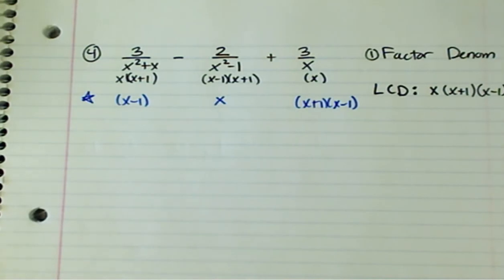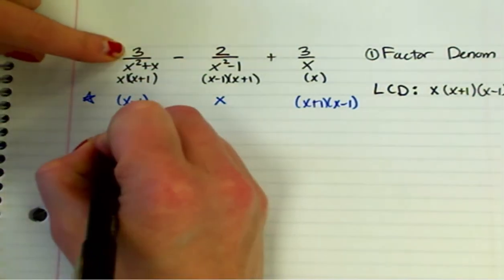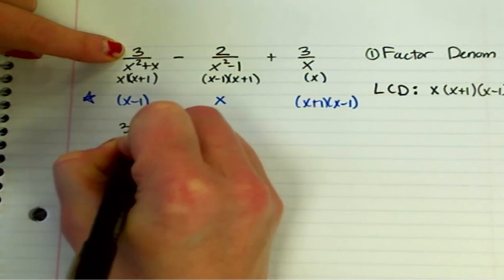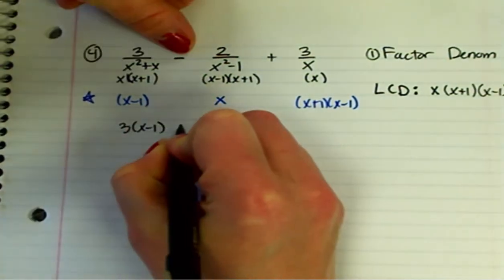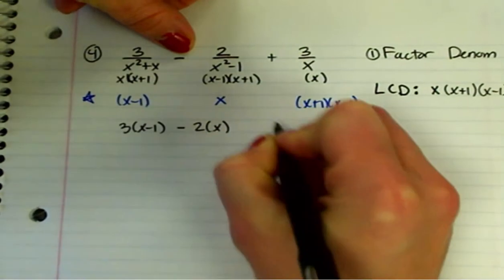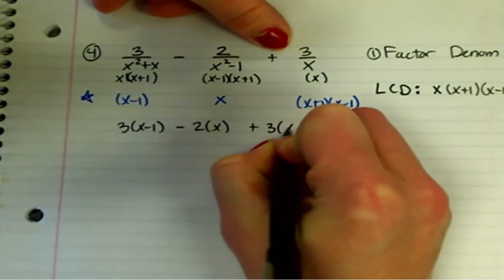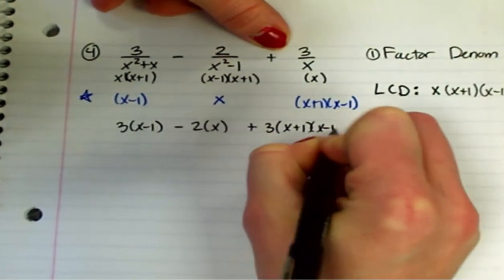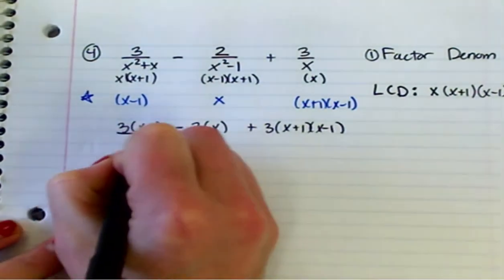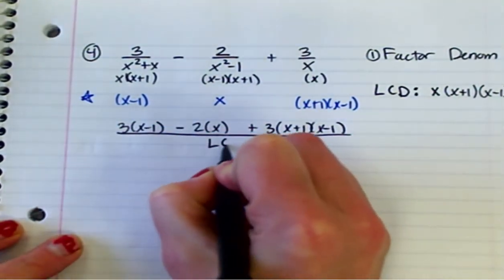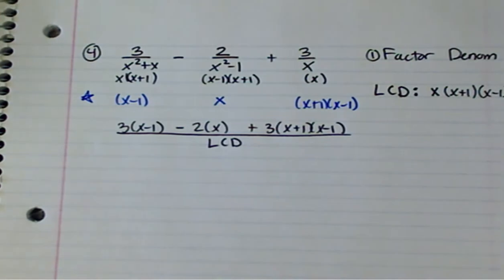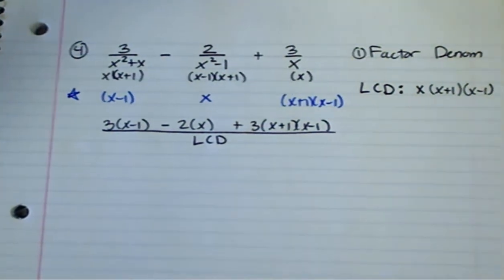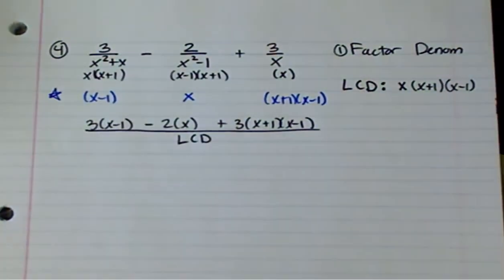Okay, let's write it as one fraction. 3 times (x minus 1), minus 2 times x, plus... all over... Now this is going to be pretty helpful. As long as you've told me what the least common denominator is, you can go ahead and write LCD. It's faster.